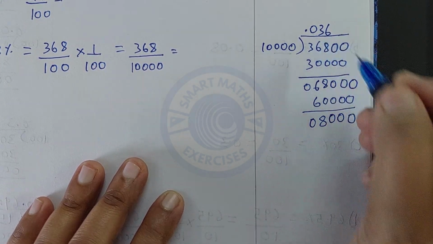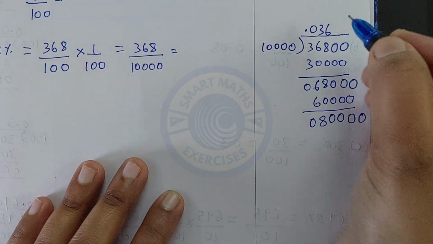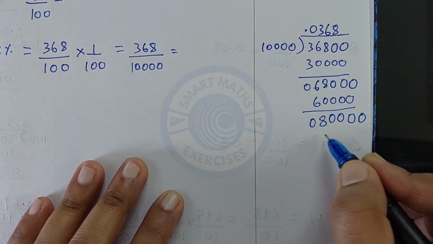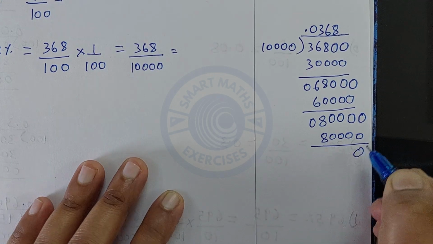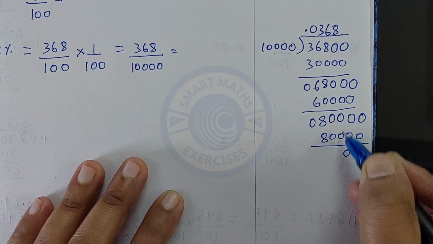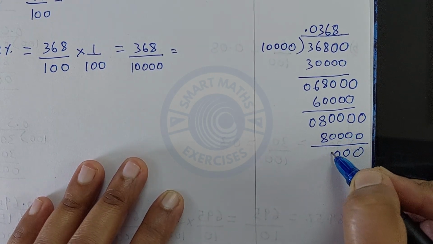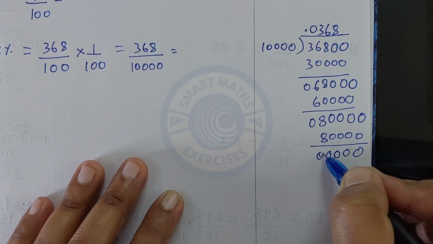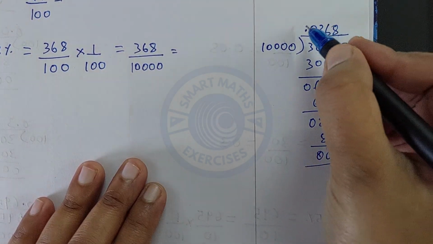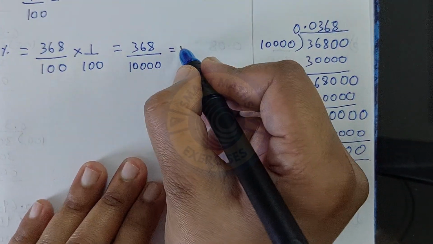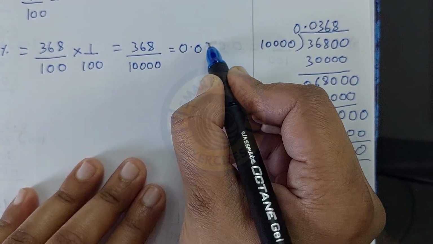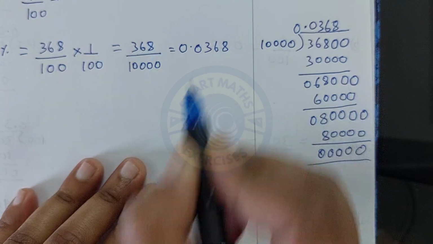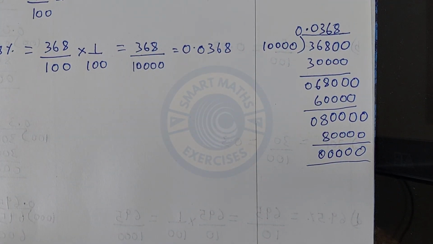Now add a 0 here. 10,000 eights are 80,000. 8 minus 8 is 0. So we got 0.0368 as answer.